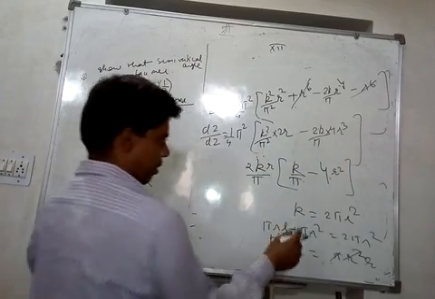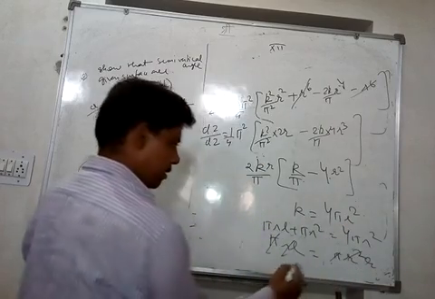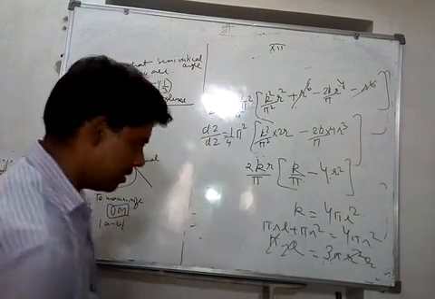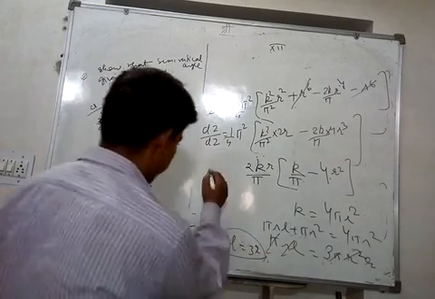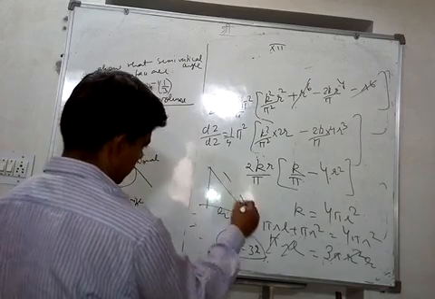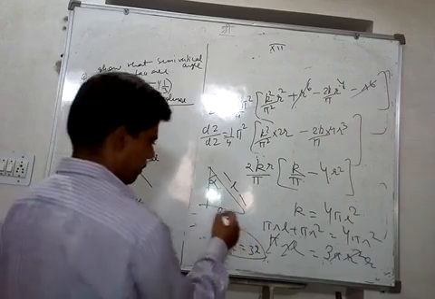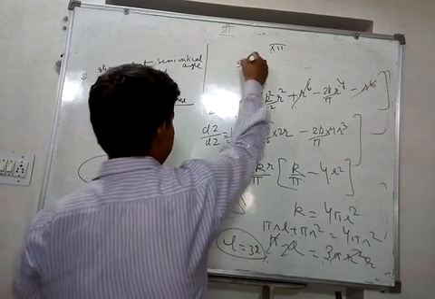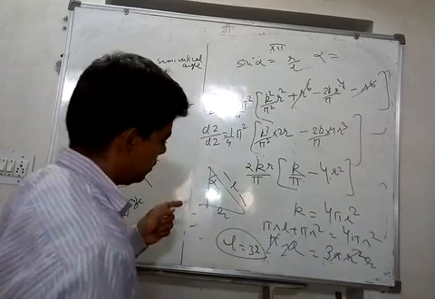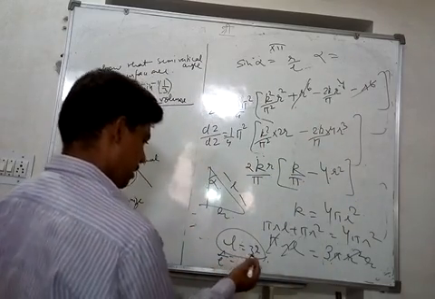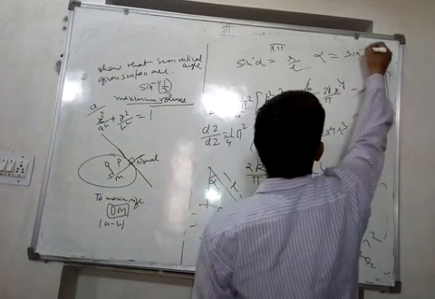This is 4, so we are left with 3l. So l is equal to 3r, and now make a right angle triangle. This is r, this is l, this is alpha. So sin alpha is equal to r by l. Therefore alpha is equal to sin inverse r by l. As you can see here, r by l is 1 by 3. So this is sin inverse 1 by 3.